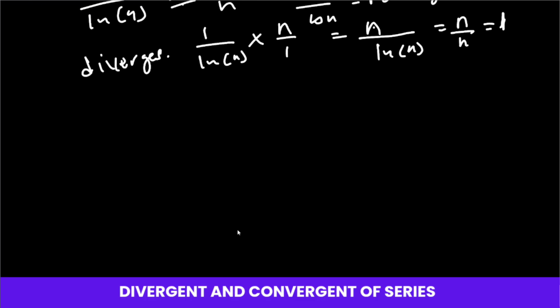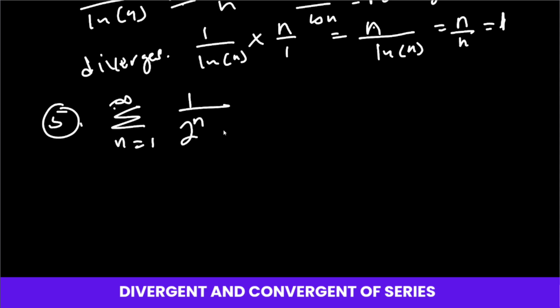Now let's proceed to another example, which is example 5. In example 5, we have the summation of n equals 1 to infinity of 1 on 2 exponent n plus 1. Here we can take our bn.